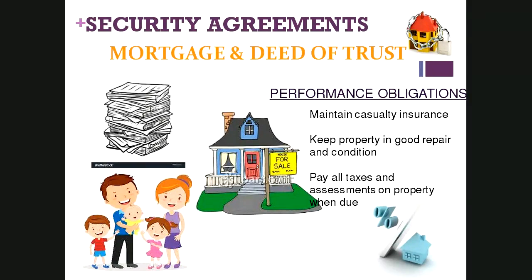And another one that both of the documents, mortgage and deed of trust, are going to have is to pay all of the taxes and assessments due on the property. So remember last week when we talked about the ad valorem taxes, those are the property taxes that are due every year, right? Remember our guy with the $11 million home and he had to pay $200,000. He has to pay that every year.